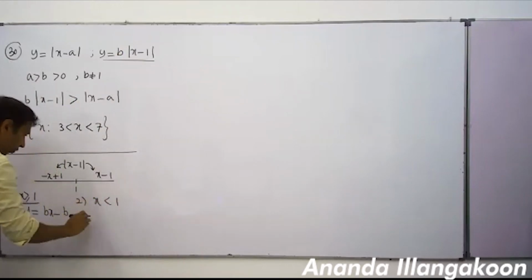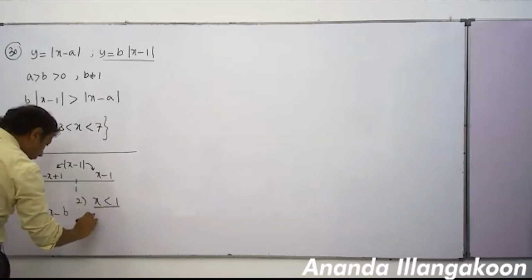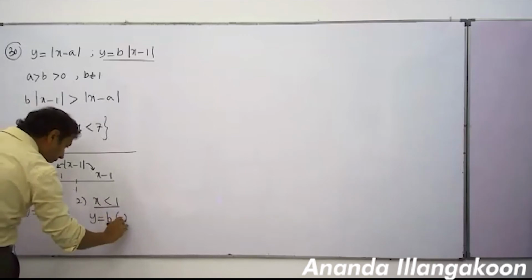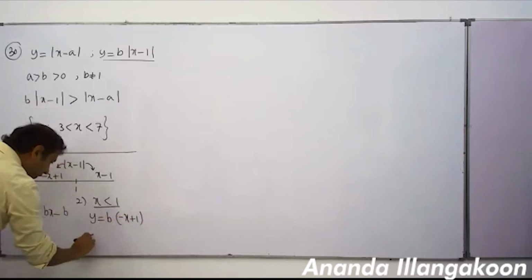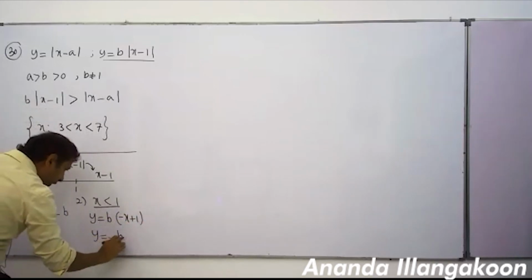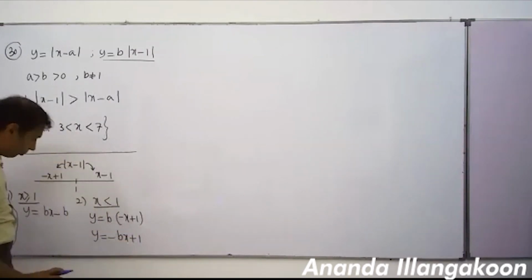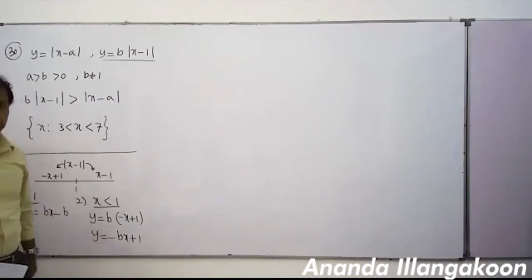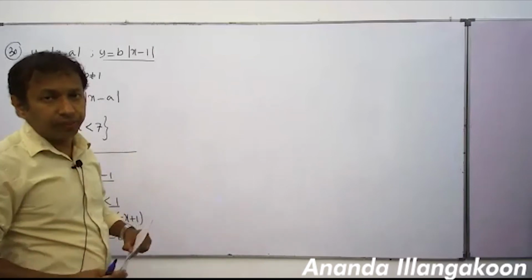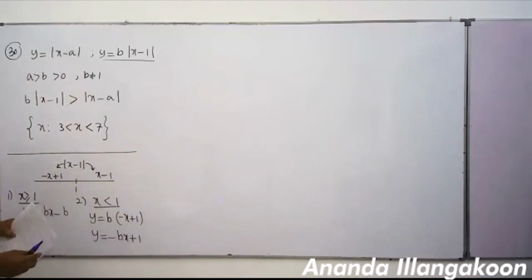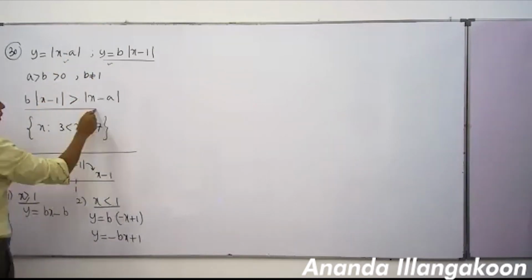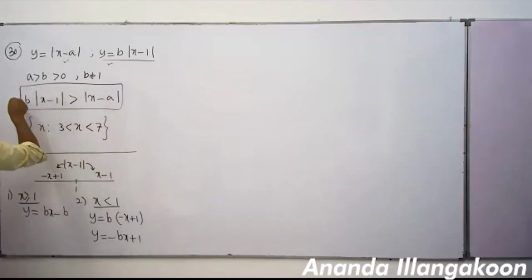On left of 1, y equals b times this, minus x plus 1. So what is that? Y equals minus bx plus b. Then you can again see right hand side gradient plus b, left hand side gradient minus b, the equal angles coming. Now I am going to draw these two graphs to satisfy this condition. Then from that itself we can answer the question also.